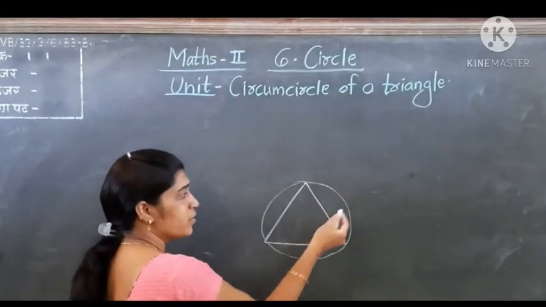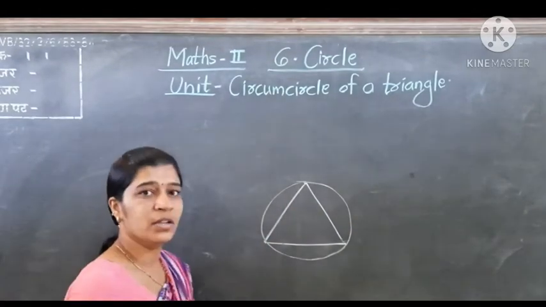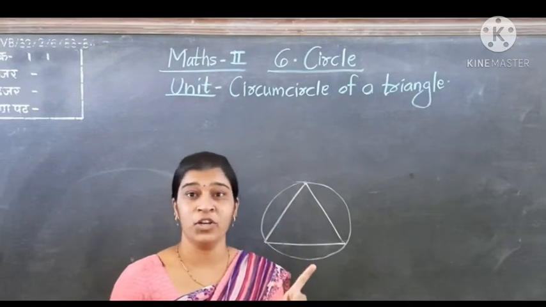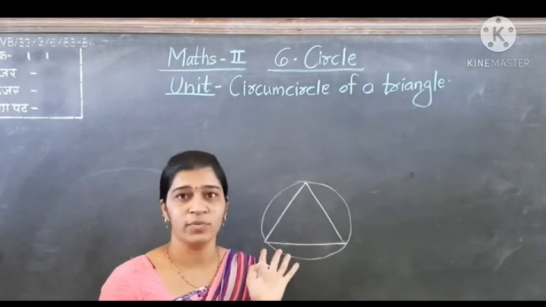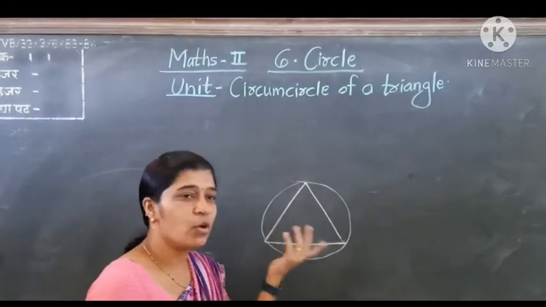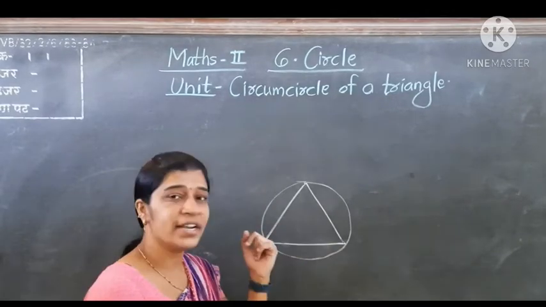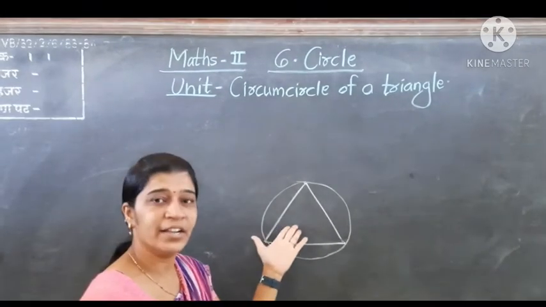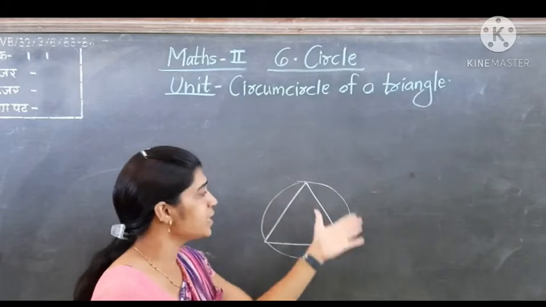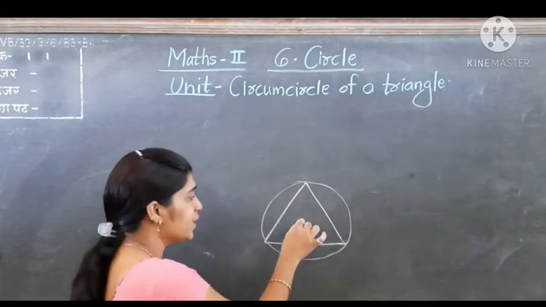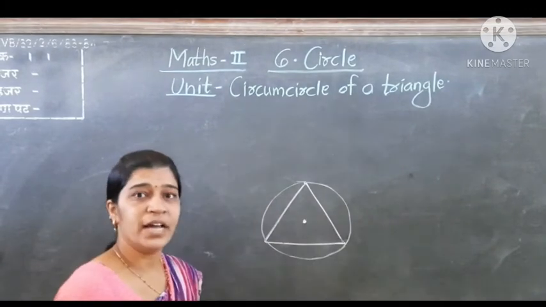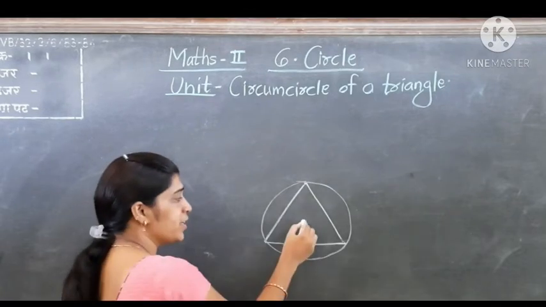For drawing any circle, you need the center of the circle and the radius of the circle. So here, what is the center and what is the radius in terms of the triangle? We have to draw the circumcircle in the triangle, so its center must be somewhere and we need a radius.